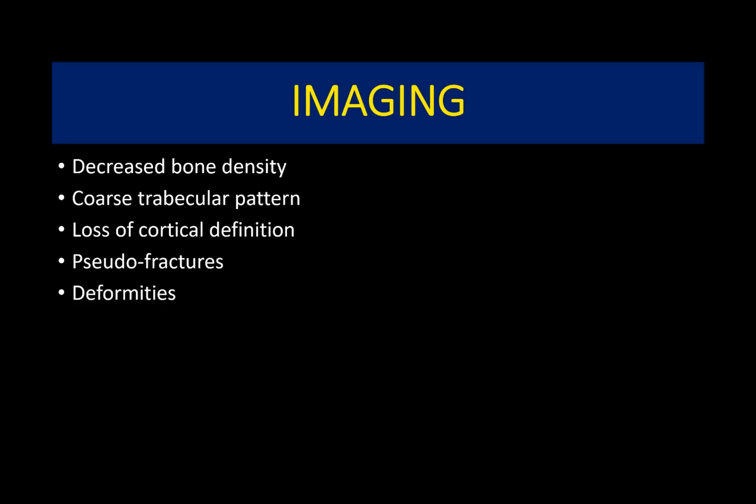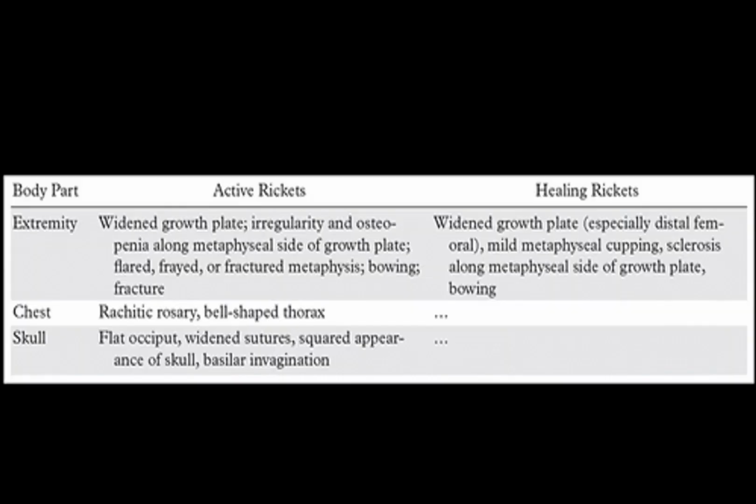Imaging-wise, there will be a generalized decrease in density and a coarse trabecular pattern. As I told, in osteomalacia the arrangement of collagen is abnormal, but there is no reduction in the amount of collagen. There is loss of cortical definition because of thinning of the cortical bone, with no calcification happening there, and there will be Looser zones. Looser zones are very specific to osteomalacia, and along with that there can be deformities as well.